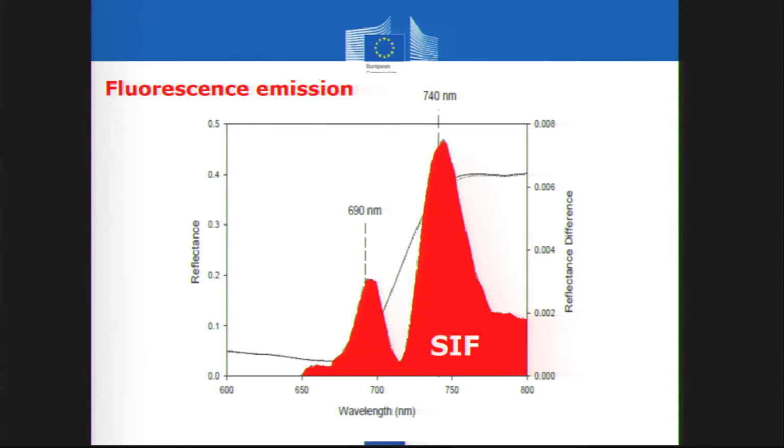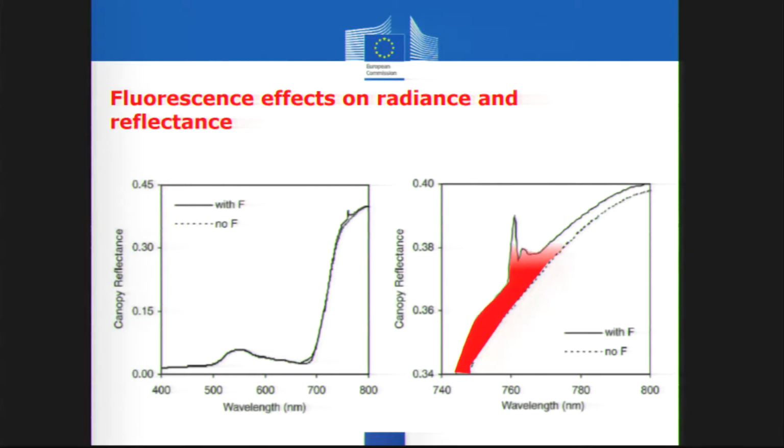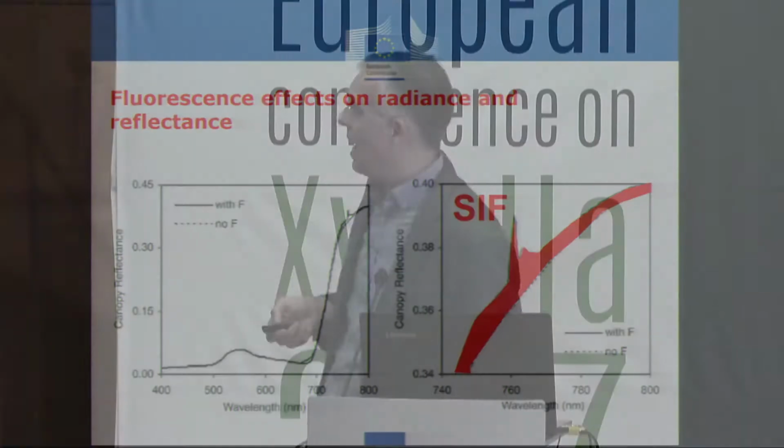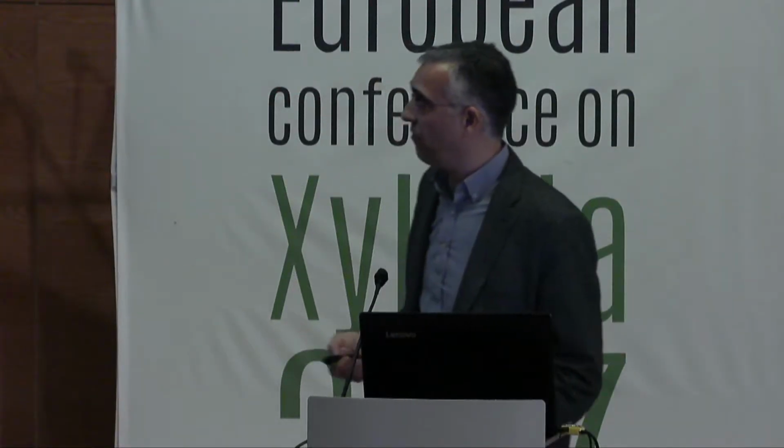And this small amount, which is roughly about 2%, can be actually retrievable because it's added to the reflectance, to the radiation that we measured from the leaves and at the canopy and from our planes. It's only 2%, but these 2% tell us something about the photosynthesis because it's what we call the solar-induced fluorescence, another important physiological indicator.